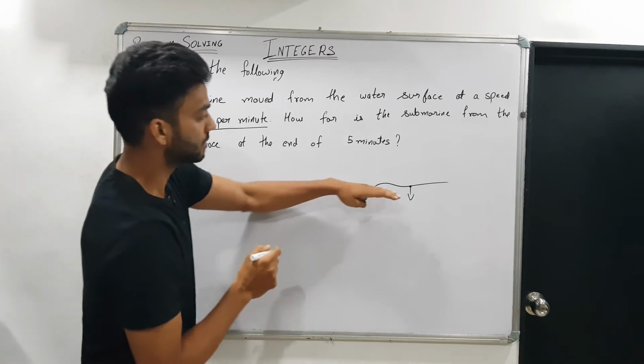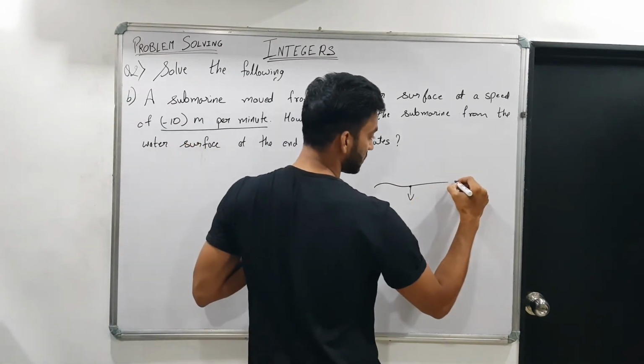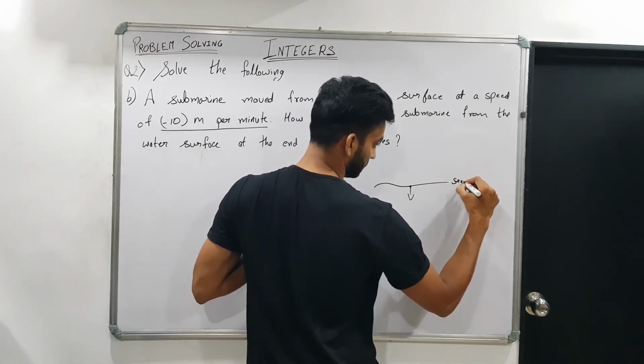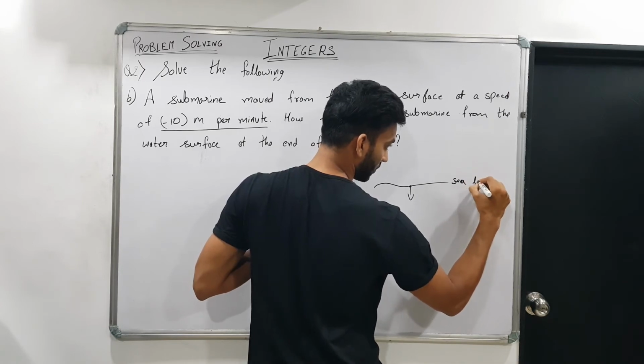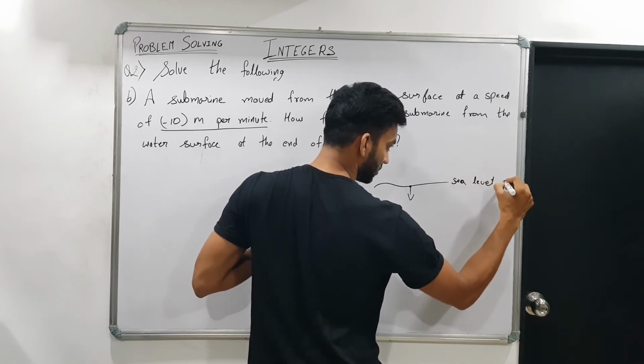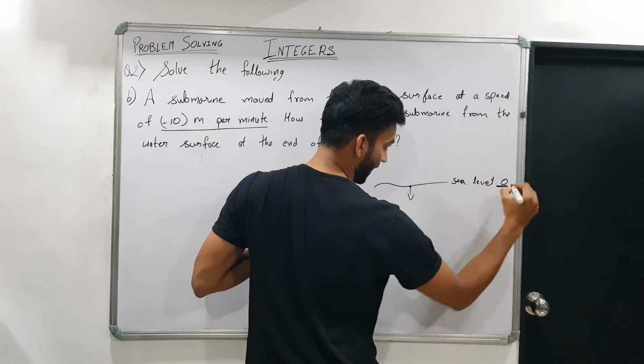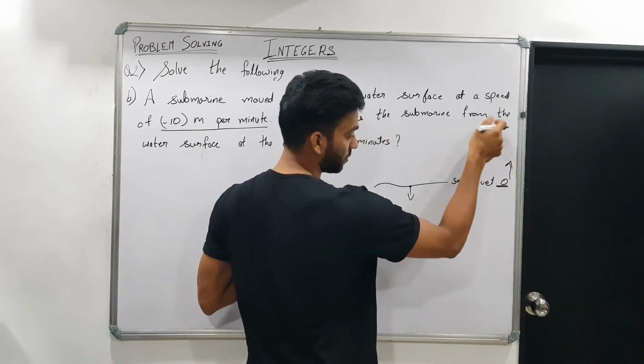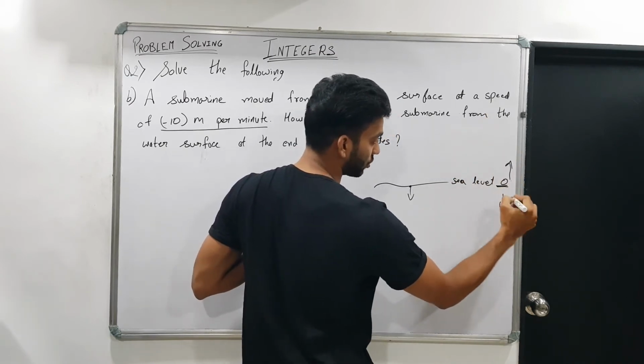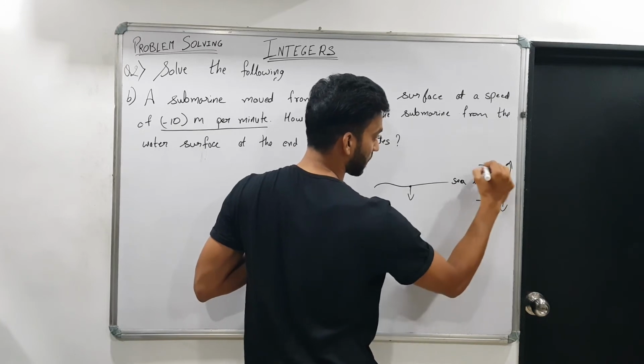Now it is considered this, if this is the sea level, this is considered to be the 0, and above this is going to be positive numbers, below this is going to be negative numbers.